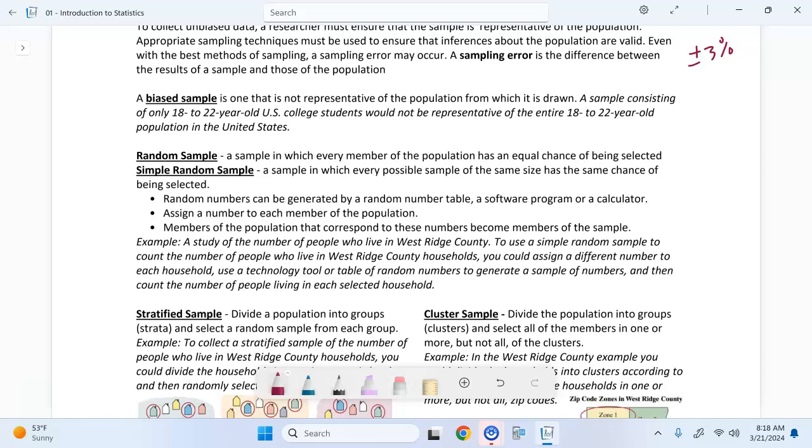Every member of the population is assigned a number, and then that random number generator is used to pick people corresponding to the numbers that they were given. For the number of people who live in Westridge County, to use a simple random sample, they count the number of people who live in Westridge County households, assign a different number to each household, and then use a random number generator to get a selection of numbers to choose from.